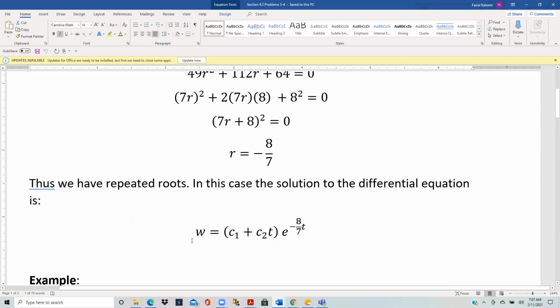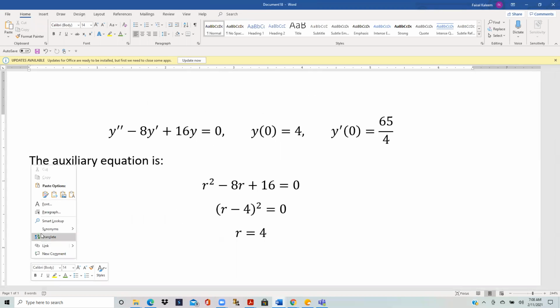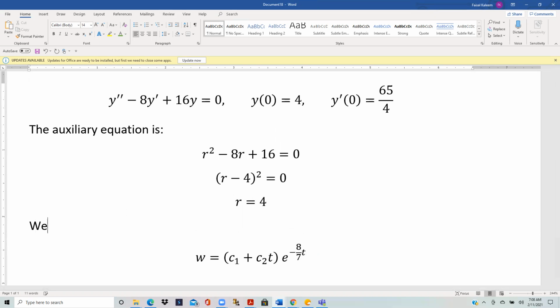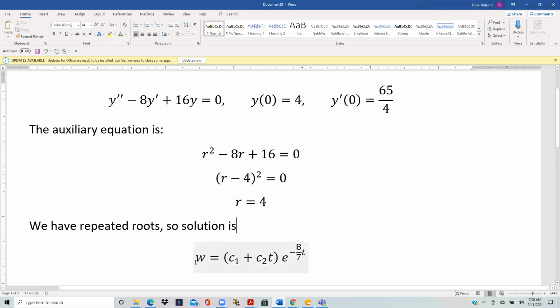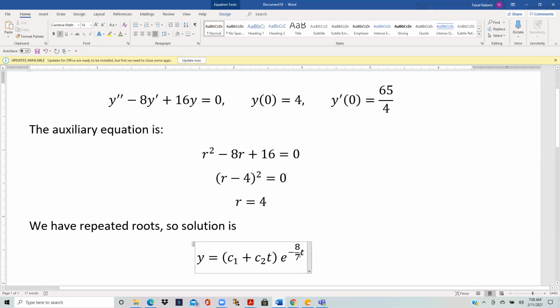So the solution will be (C1 plus C2t) e to the power rt.